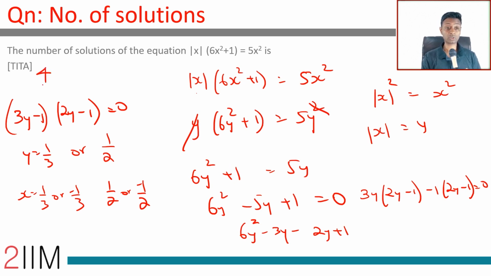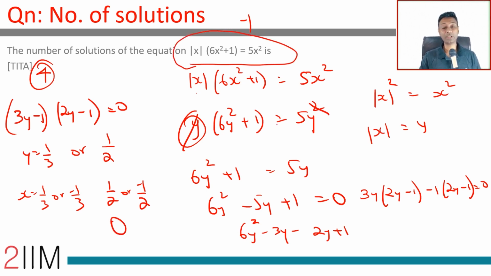Brilliant. The answer is 4, and I did this and I got a minus 1. Why? Because at step 1 we have cancelled this y. We're cancelling y on both sides. So y equal to 0 will work. Y is 0, x is 0. X is 0 is a trivial solution. You can look at this and say, put x equal to 0, both sides go to 0. So there are not 4 solutions, 5 solutions.